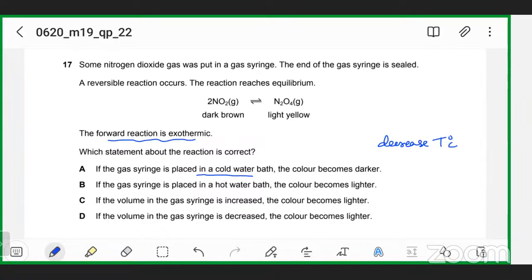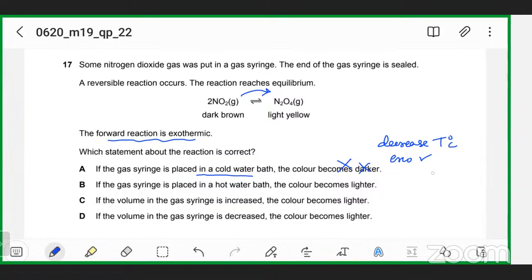Exo. ठीक है, so whenever you decrease temperature, the exothermic reaction is the one that's going to be favored. और उसने कहा है, he already stated that the forward reaction is the one that's exothermic. So you're going to get more forward reaction. तो color क्या हो जाएगा? Darker or lighter? Lighter. So it does not become darker.